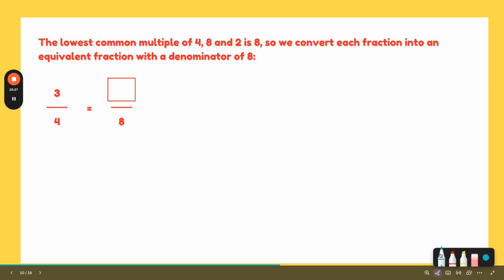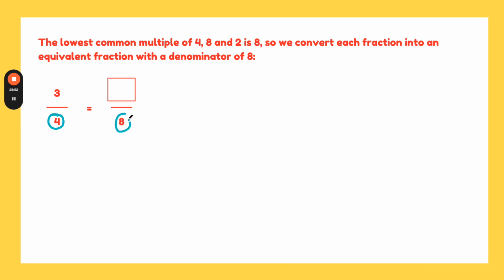If we do this, we need to look at what we have done to the denominator to get from 4 to 8 to find our equivalent fraction. So what operation have we done from 4 to get to 8? What have we multiplied or divided by to get from 4 to 8? So we have multiplied in this case by 2.